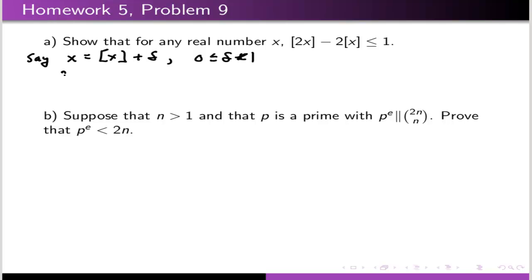And then 2x would be 2 bracket x, that's a whole number, plus 2 delta. And so bracket 2x equals what? There'll be two considerations right here.